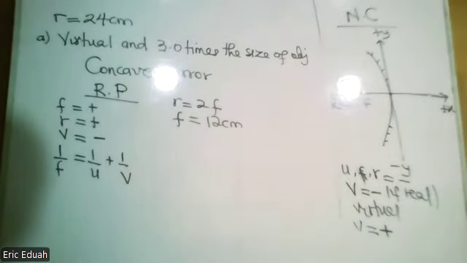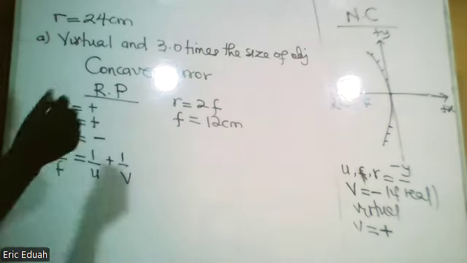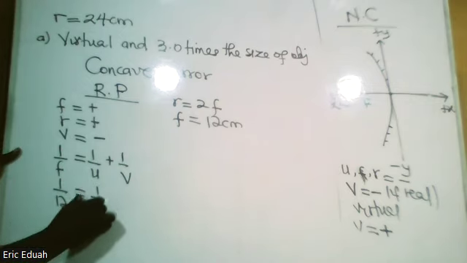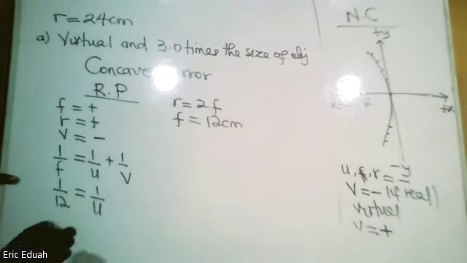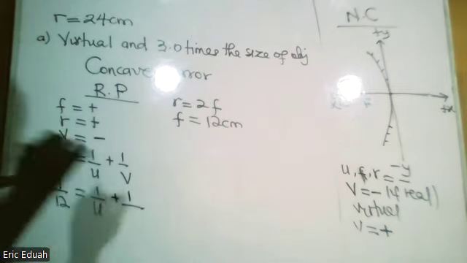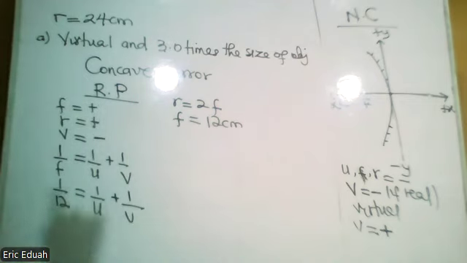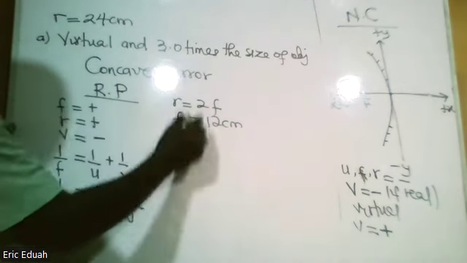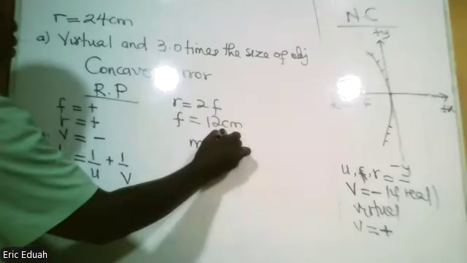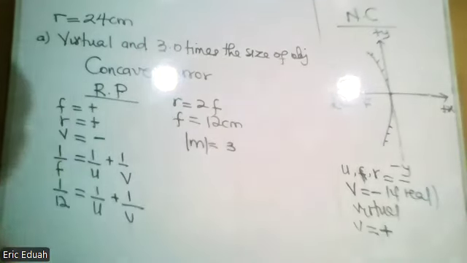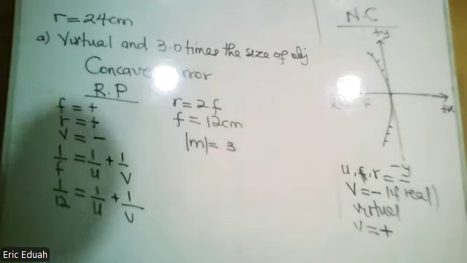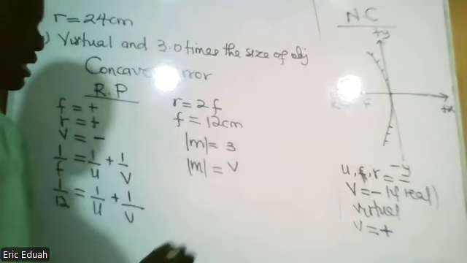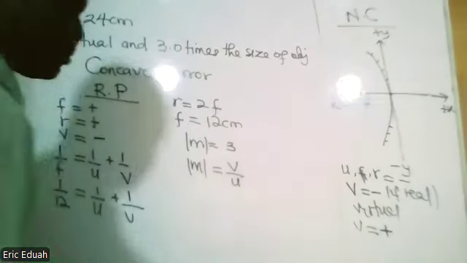The next thing is that R is 24, and you know R is equal to 2 times F. So if R is 24, then F is equal to 12 centimeters. Substitute your values. 1 on 12 is equal to 1 on U, U is positive, plus 1 on V. We don't have V, but we are given a clue. The image is 3 times, so linear magnification M is equal to 3. We know linear magnification M is equal to image distance over object distance.